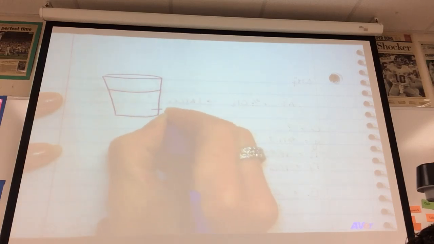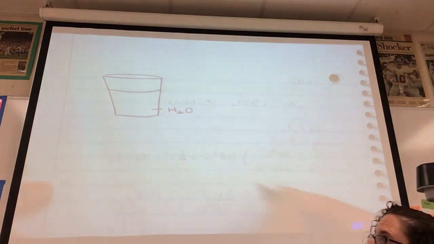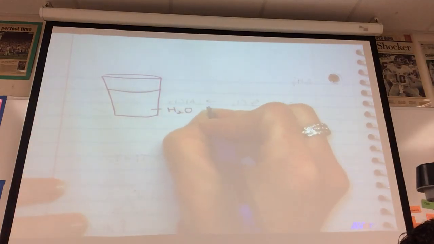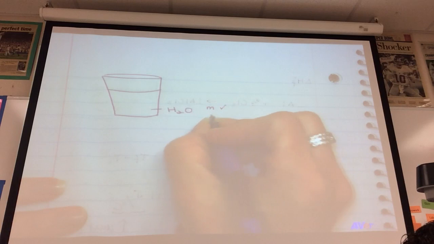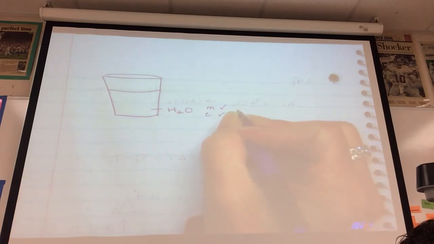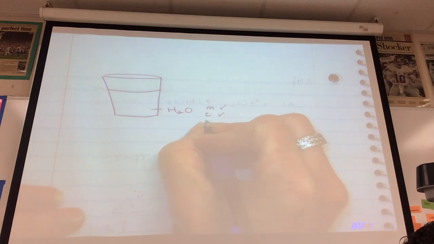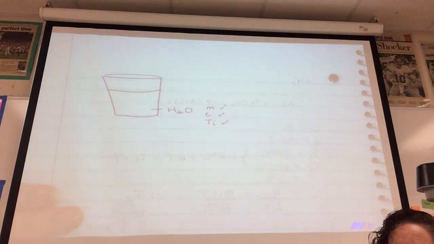In the calorimeter will be the water. You will know the mass. You know the specific heat of water, or it will be given. You will know the initial temperature of the water.